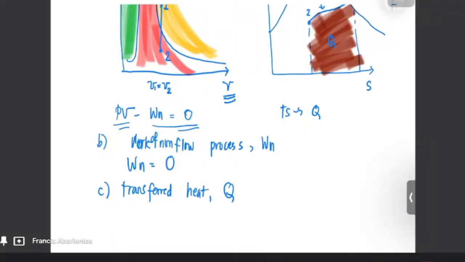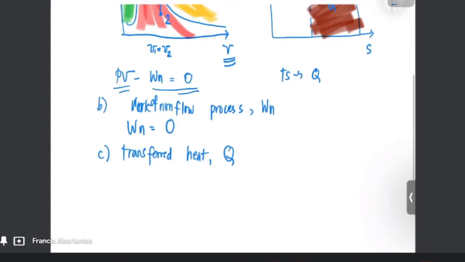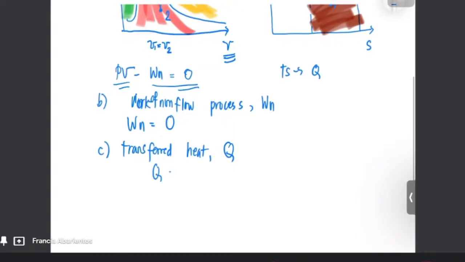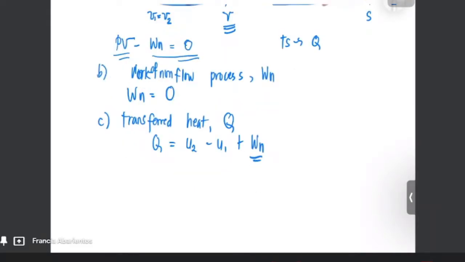Okay, so balikan natin yung simple energy equation we have here. The heat is equal to the internal energy at point 2 minus at point 1 and also the work of the non-flow. Since ang work non-flow natin is 0, automatically, yung transferred heat natin is the internal energy at point 2 minus the internal energy at point 1.